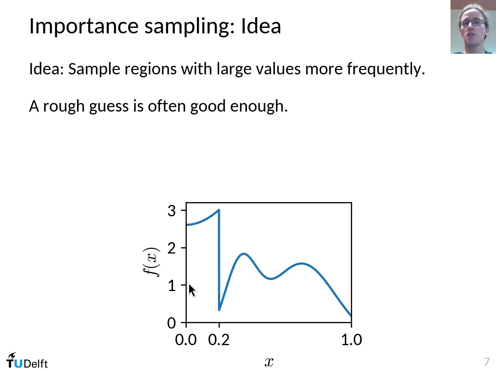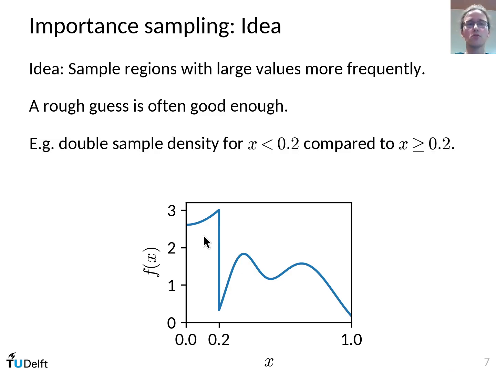For example, we may know that the function has this discontinuity here at 0.2, and we may suspect that it has larger values to the left of this discontinuity. So what we will do now for this example is place samples to the left of this discontinuity with double density compared to everything to the right.